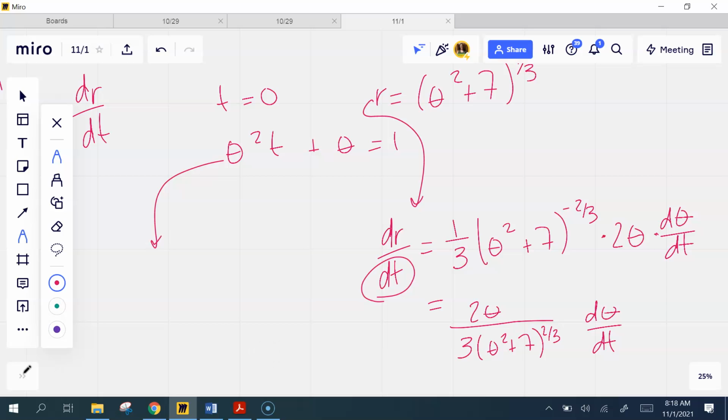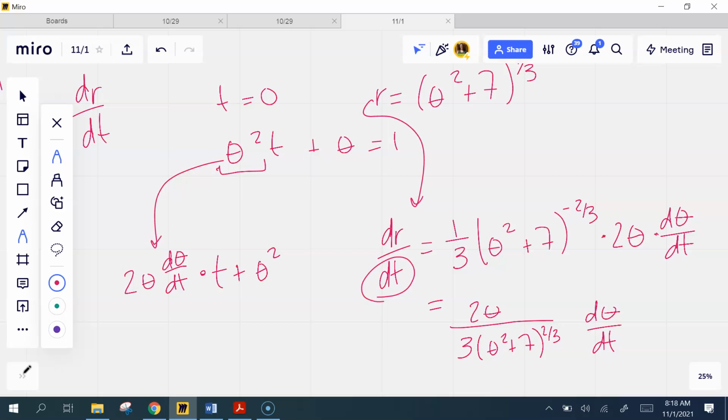Okay, so derivative of just this one is just 2 theta. Then product rule, times t. This is product rule plus theta squared. What's the derivative of t with respect to t?